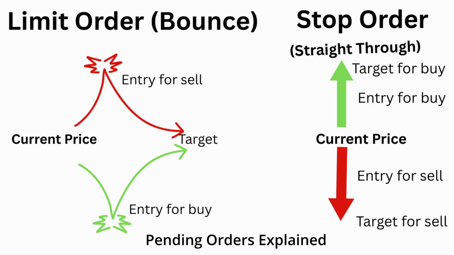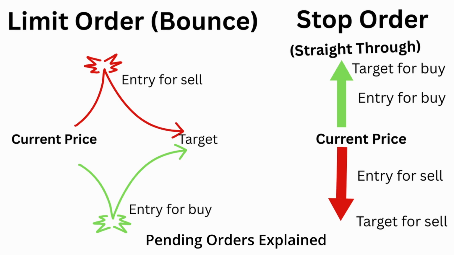Buy or sell determines the direction you want to end up being in, and limit or stop determines what position the price is comparative to where you are now, where you want to get in. So a limit is a bounce. If it's a buy, I want it to bounce down away from my target to take me in, and then it'll bounce back up and turn around off that movement.